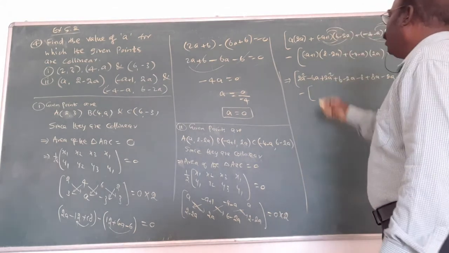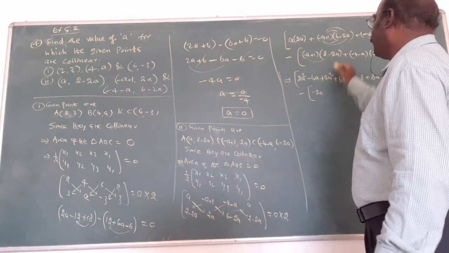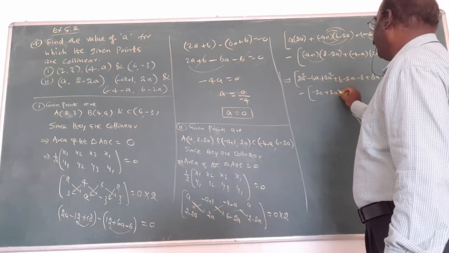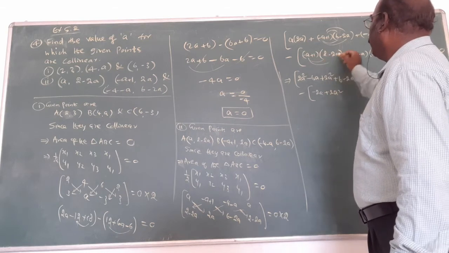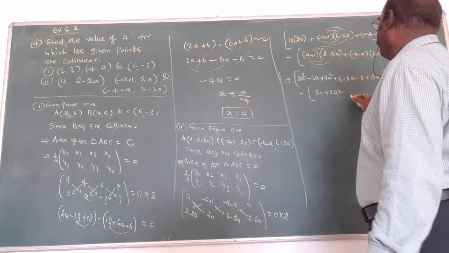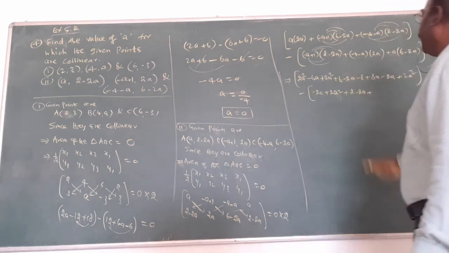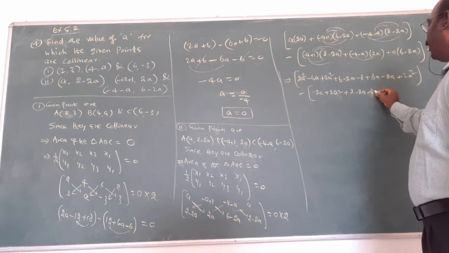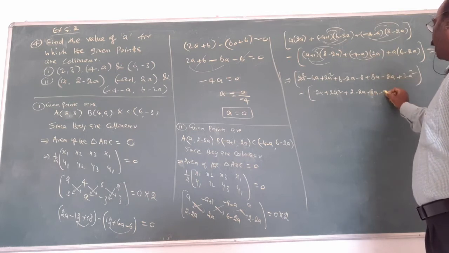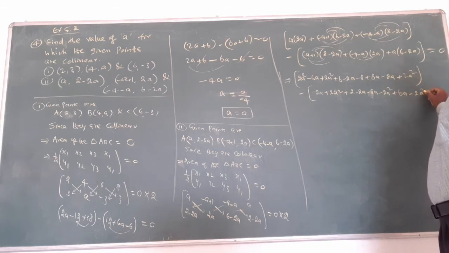Again multiply minus a into 2 minus 2a, minus a plus 2a square. Next 1 into 2 minus 2a. Again here minus 4 into 2 is minus 8a, minus a minus 2a square. Yes, 6a minus 2a square equal to 0.